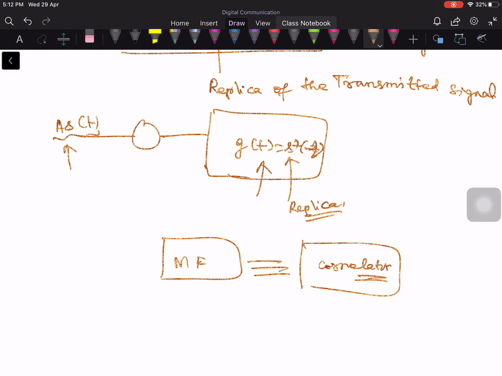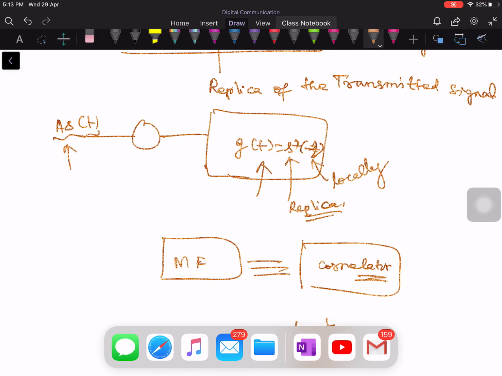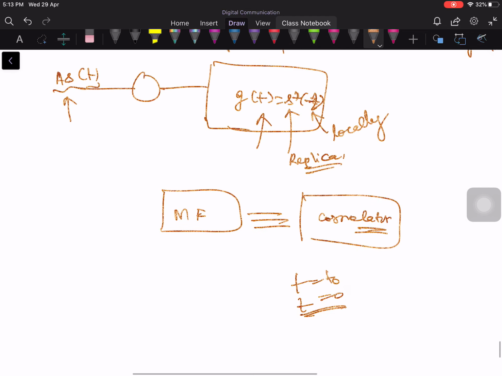So the correlator's job will be to multiply the received signal with the local replica. This signal is generated locally, a local replica of the transmitted signal, and integrate over the duration of the signal, let's say 0 to T, and then sample it at that instant, like t equal to t naught, where t naught equal to 0. So at t equal to 0, we sample it. Therefore one can replace the matched filter with a correlator.